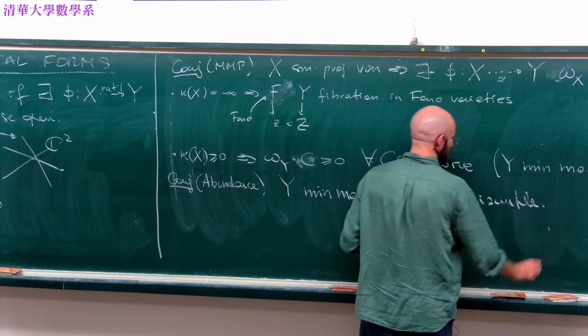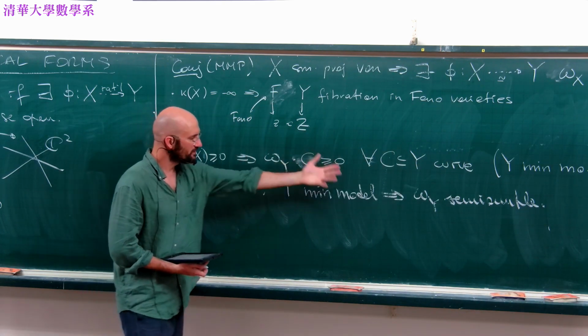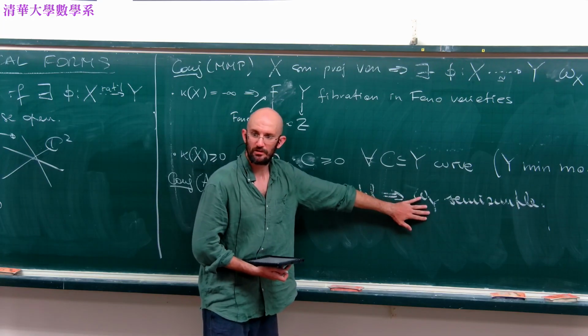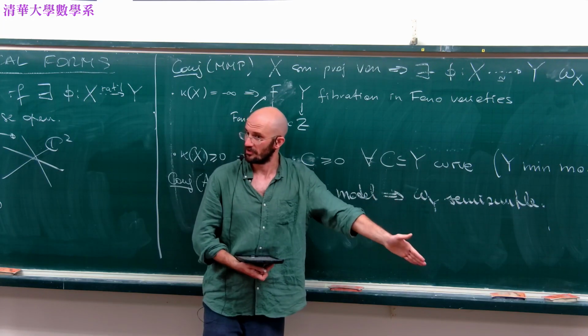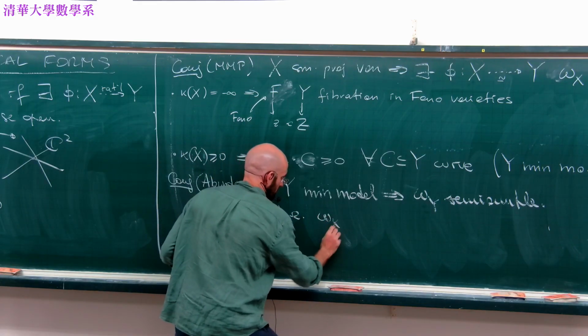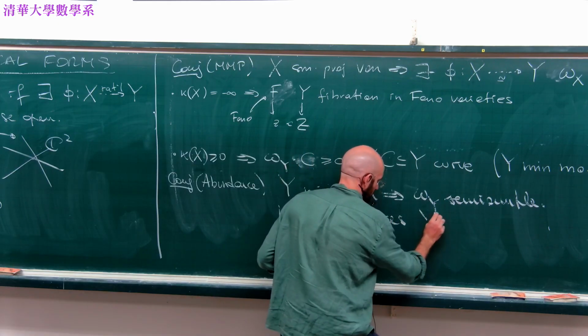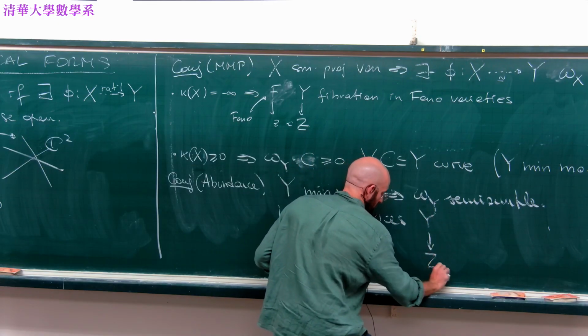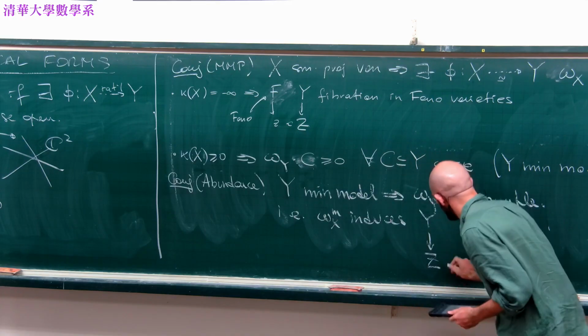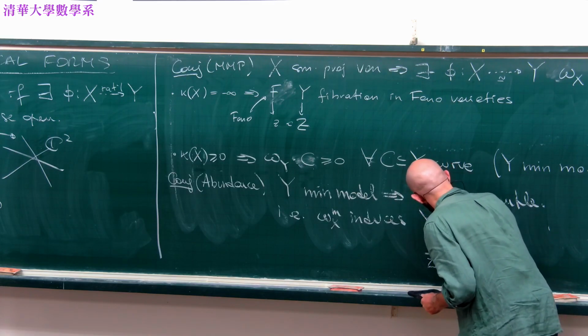So what semi-ample means is that a multiple of this line bundle will induce a fibration on its own. But now, the fibers here are no longer Fano, but they are Calabi-Yau.